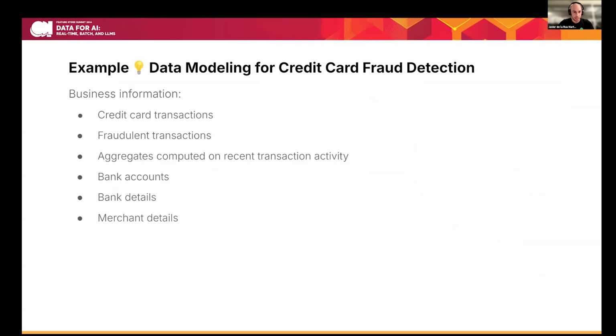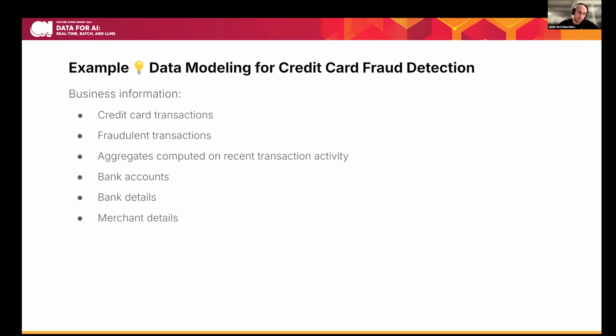So let's have a look at an example using a credit card fraud detection use case. Related to business information, we have credit card transactions. We might have the concept of fraudulent transaction, and also we will compute some aggregates on the recent activity of the credit card.